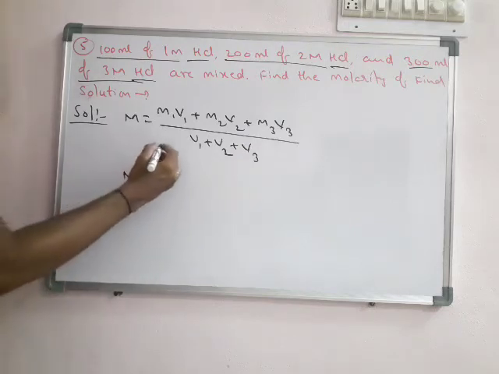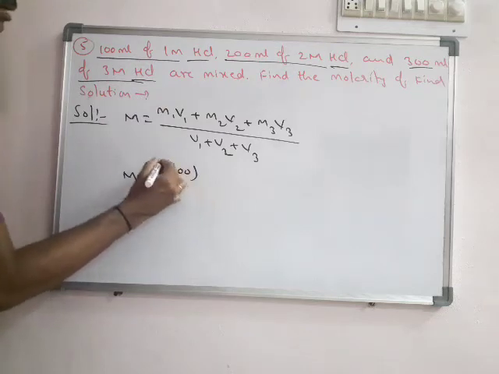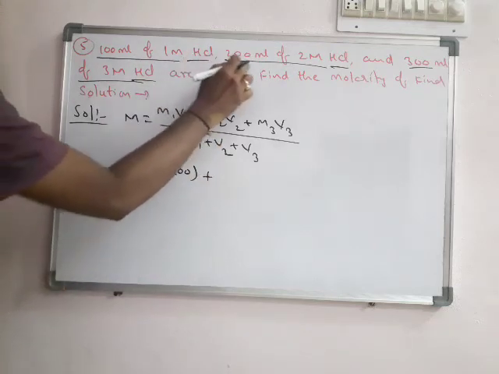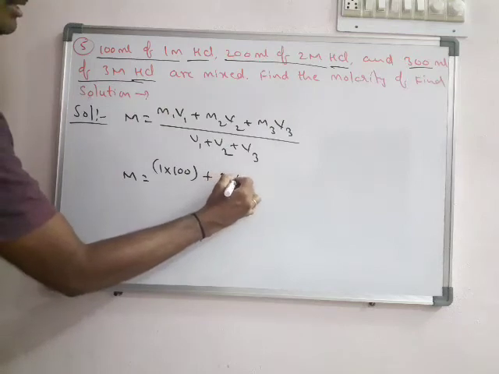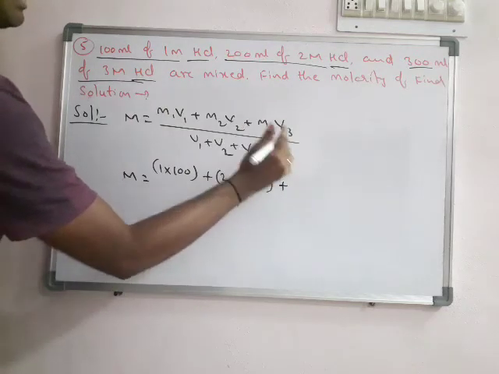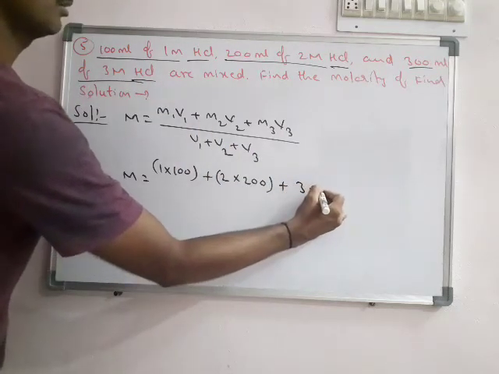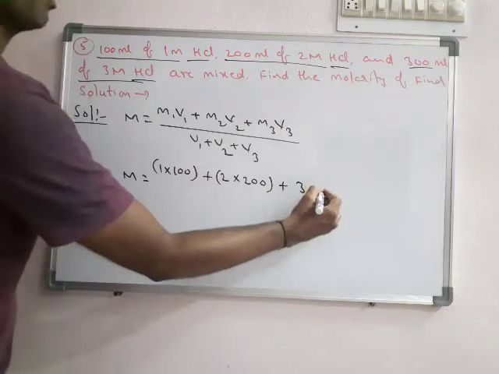So what is M1? Starting molarity 1, volume 100. M2 is 2 molarity, and the volume is 200 milliliter. Plus M3, the third, 3 into V3, which is 300.